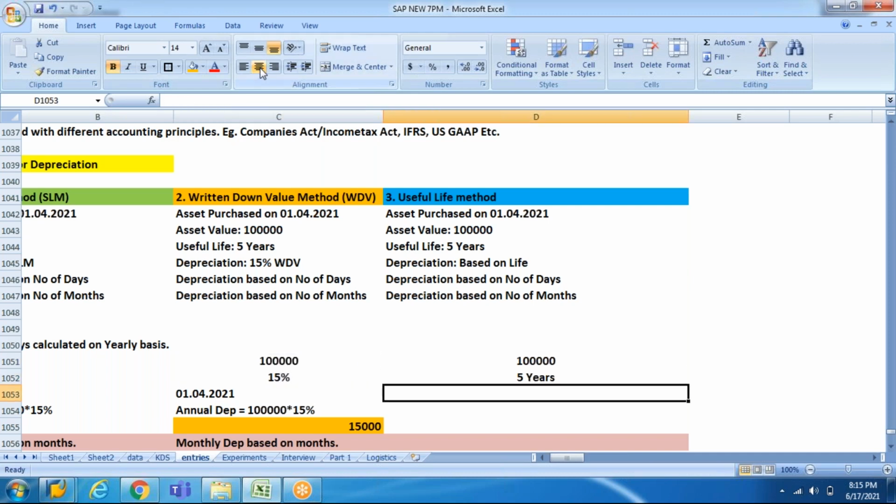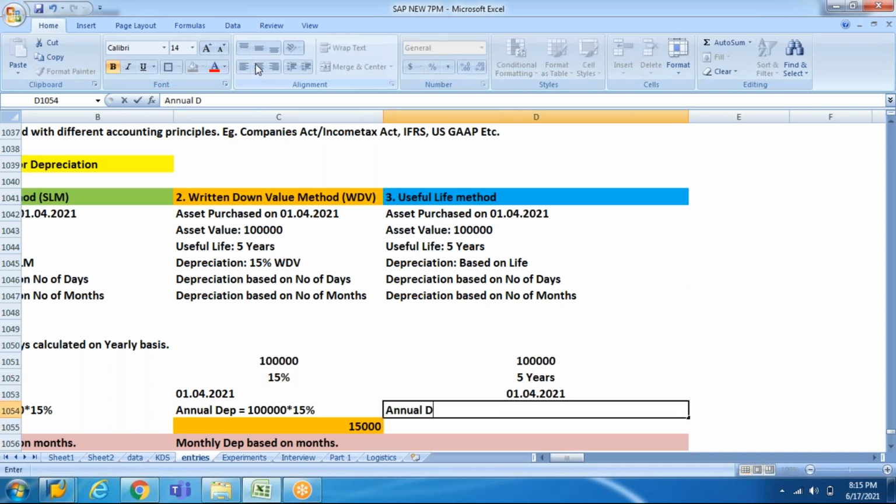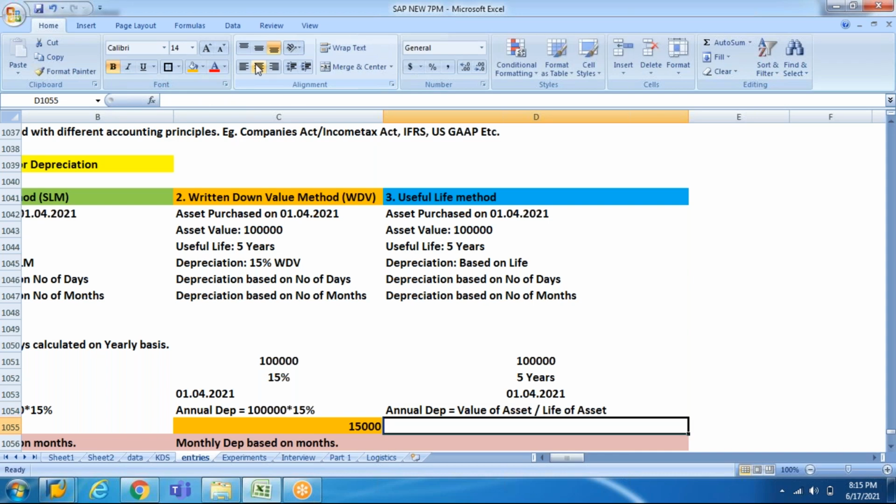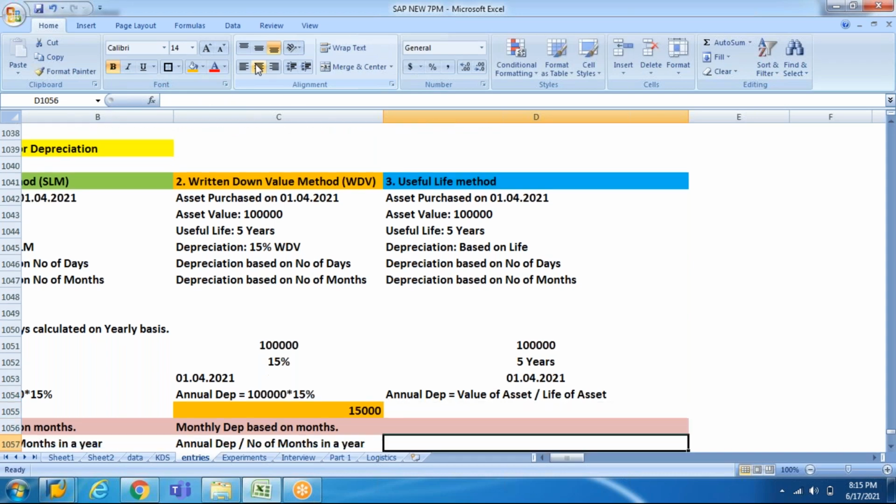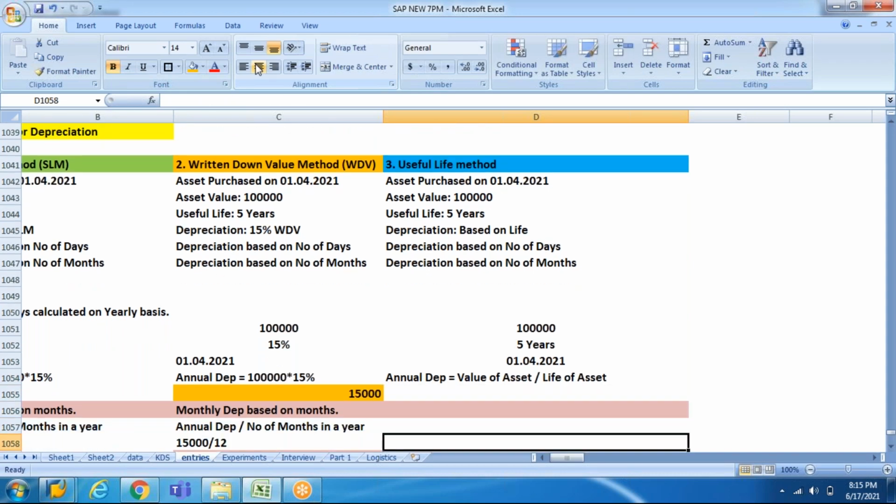Right? It is 5 years. And the date is 1/5. Let me also take this in the middle. Now, annual depreciation here is value of asset divided by life of asset.